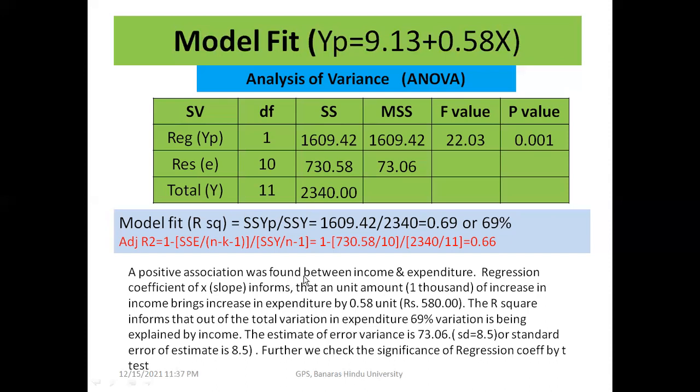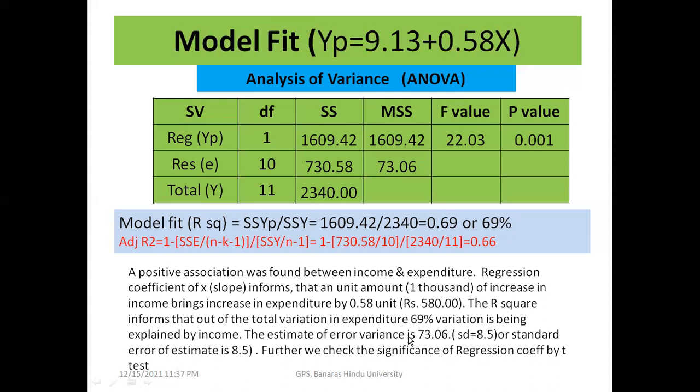A positive association was found between income and expenditure. The regression coefficient of X informs that a unit increase of 1000 in income brings an increase in expenditure by 58.58 units or 580 rupees. The R square informs that out of the total variation in the expenditure, 69% variation is being explained by income.